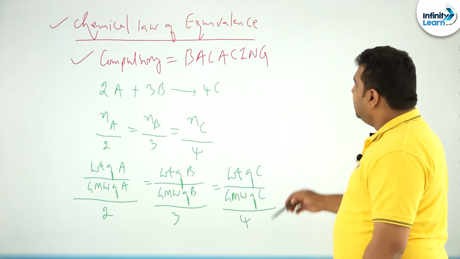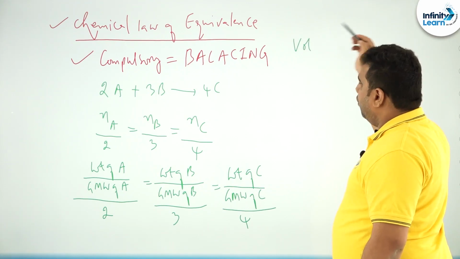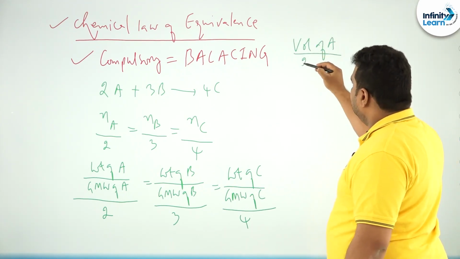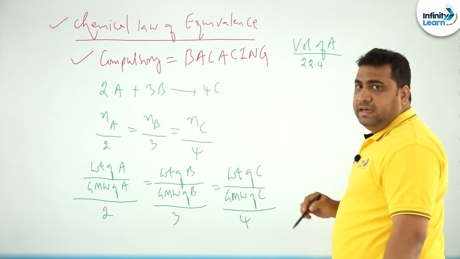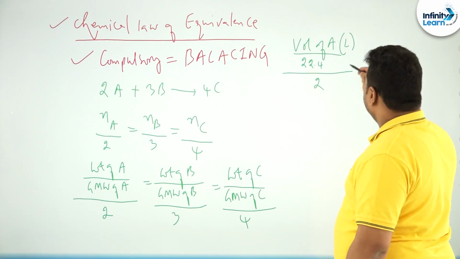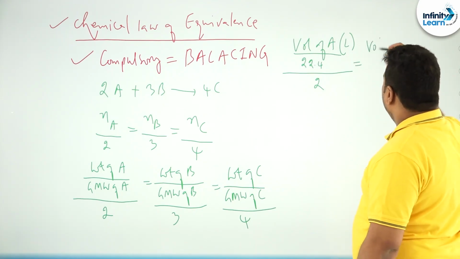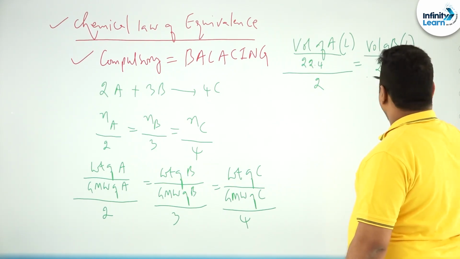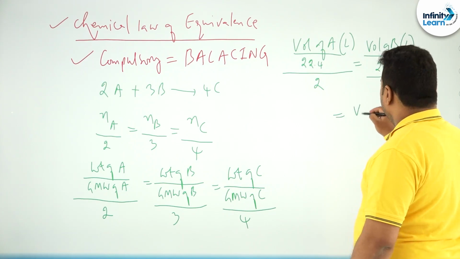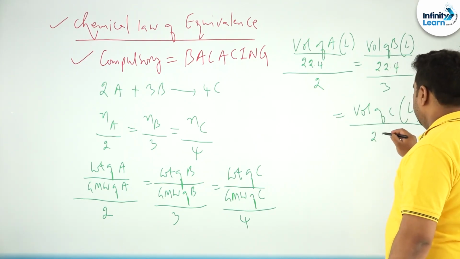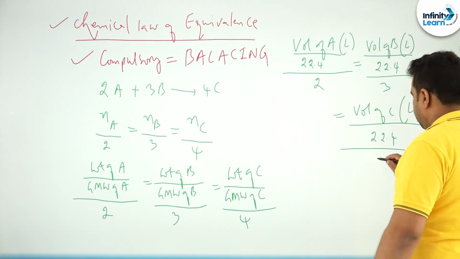The same thing can also be written as volume of A by 22.4 if you are taking in liters, by 2, is equal to volume of B in liters by 22.4, by 3, is equal to volume of C in liters by 22.4, by 4.